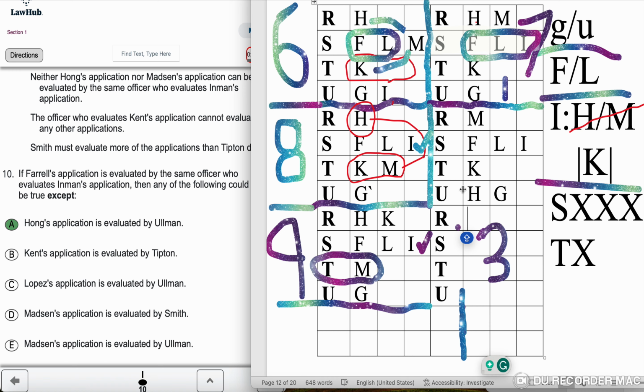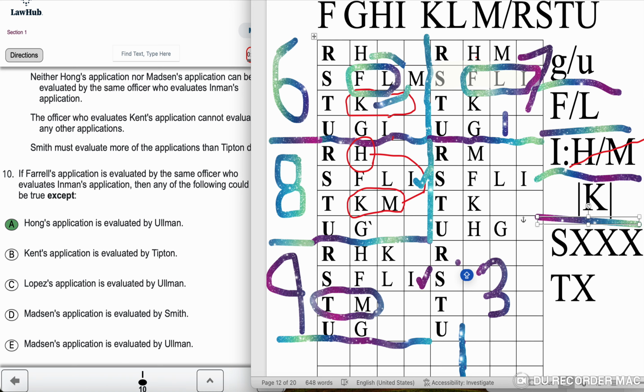G has to be with U. H and M, K has to be by itself. And also the last condition, S has to be more than T. So let's go ahead and apply this as much as possible right now. So we see it does work out here. So that works out. That's not going to be accepted.